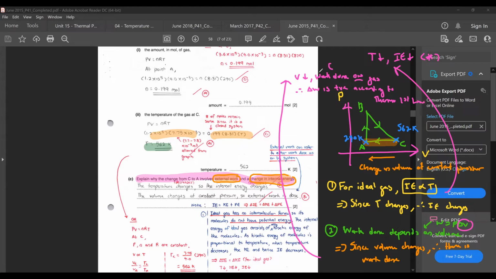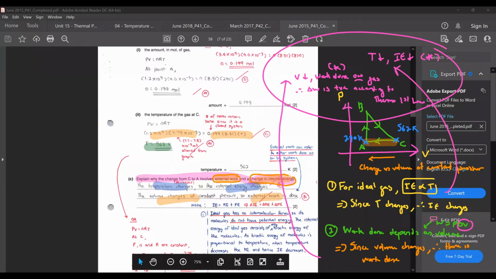But again, this one is not necessary. You don't need to explain to this level of detail. What you just need to do is explain whether there are changes or not. So what were the changes dependent on? That's why your answer was written like this. Because there's temperature change, internal energy changes. And then the second one is that because there's volume change at constant pressure, external work is done. That's all there is to it. You don't need to explain all the way to the nature of the change. All right.